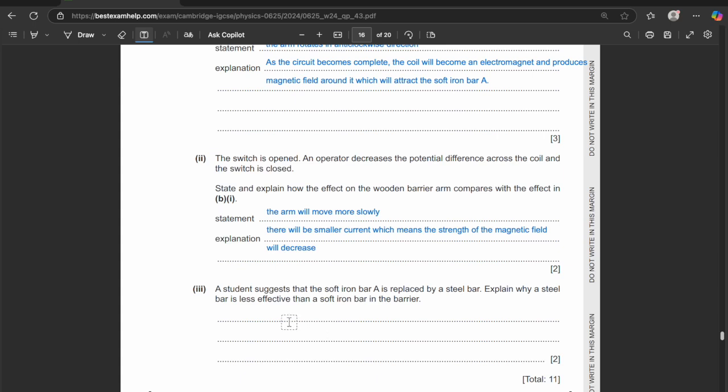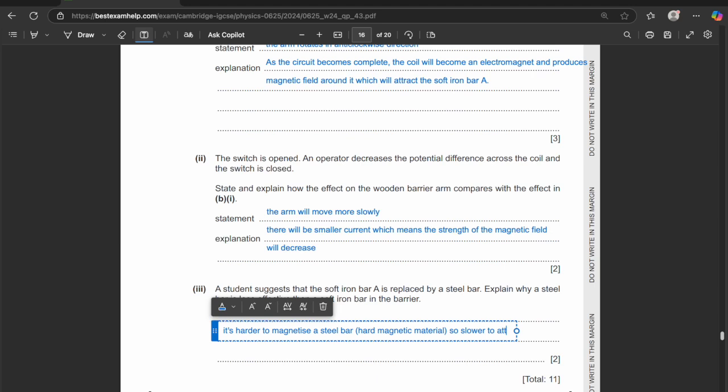So I would say that it's harder to magnetize a steel bar, so slower to attract the iron bar, and becomes a permanent magnet.